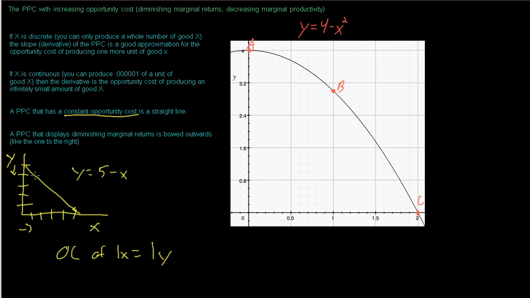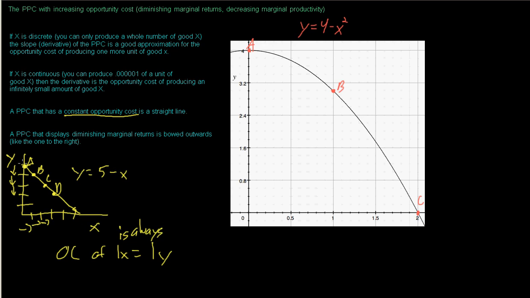If you were here at point A and you wanted to go to point B, that cost you 1y. If you wanted to go from point B to point C, that cost you 1y to gain 1x. If you wanted to go from point C to point D, you had to give up 1y to gain 1x, and so on and so forth. So I hope that makes clear that when you have a constant opportunity cost, when the opportunity cost of producing 1x is always equal to 1y, then you have a straight line.